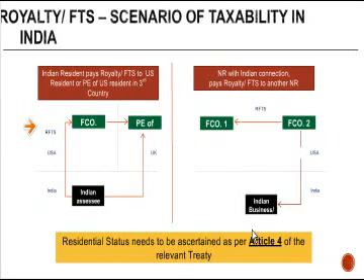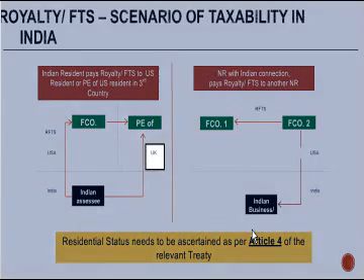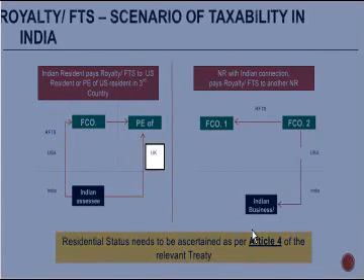The second situation could be that this Indian company is actually making a payment of royalty or FTS to a PE which is there of the foreign company, right? And this PE might actually be there in UK, right? So we had an original company which was there in USA.